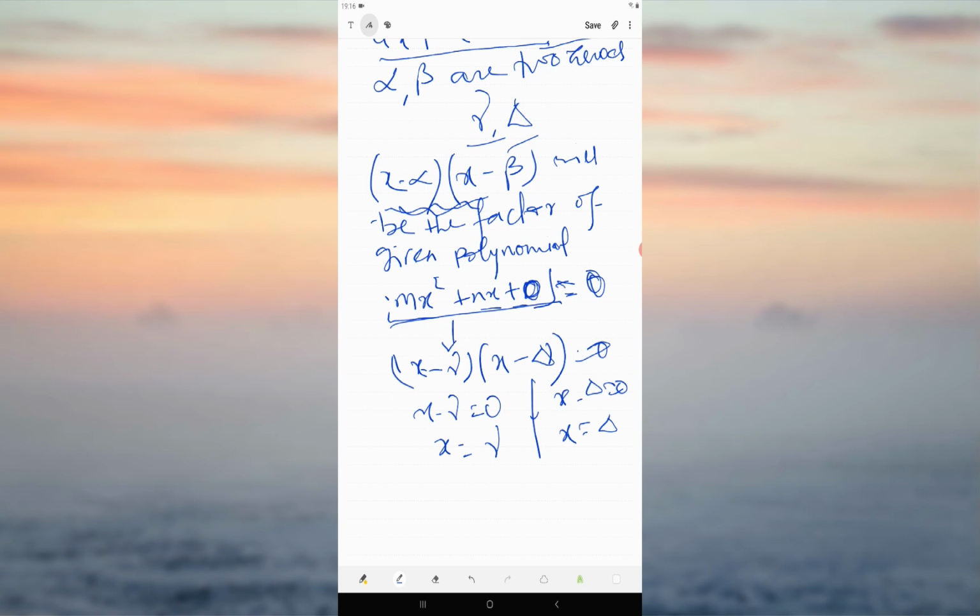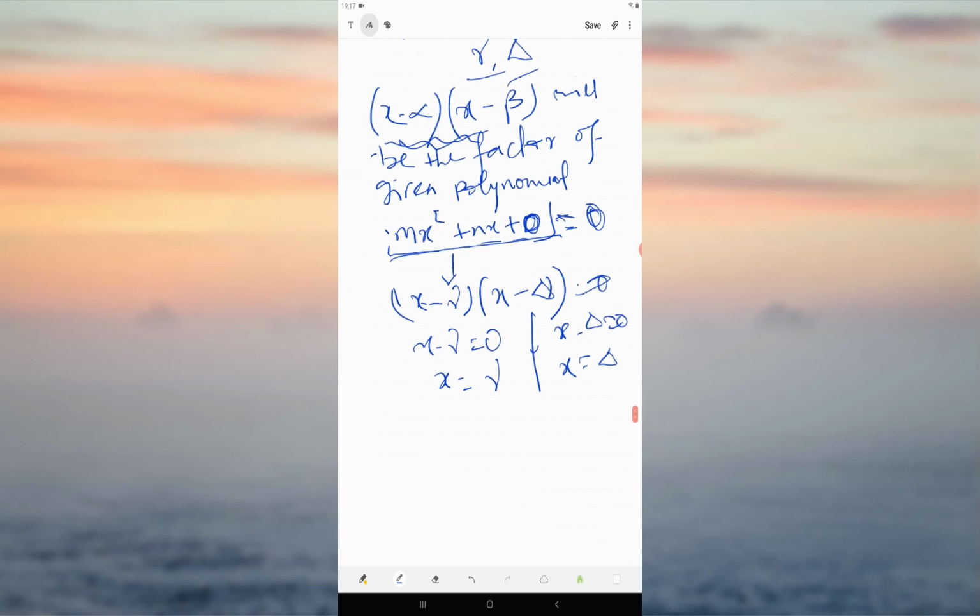Simple. If alpha and beta are the two roots of the given polynomial, then multiply x minus alpha into x minus beta, divide the polynomial by this product, and you will get something in the form of mx^2 + nx + o, a quadratic equation. Equate it with 0, factorize it, and then get the other zeros. This is the basic funda.